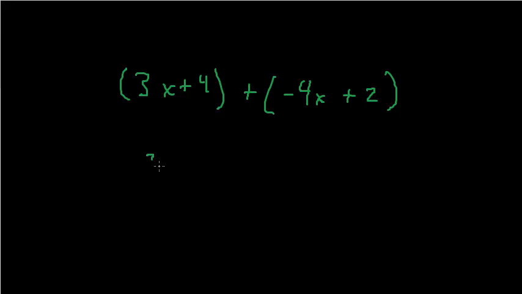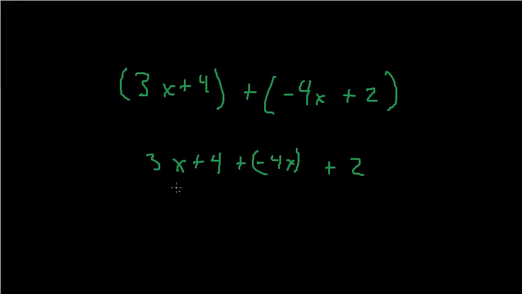I can just rewrite this as 3x plus 4, plus a negative 4x. I'll keep that in parentheses, plus 2. The only reason I put that in parentheses is so that I don't have a plus sign and a minus sign right next to each other. Of course, I could have rewritten this just to be minus 4x, but it's equivalent this way.